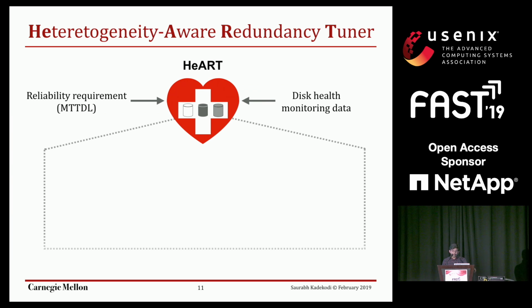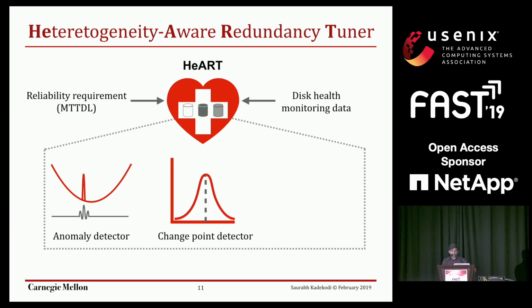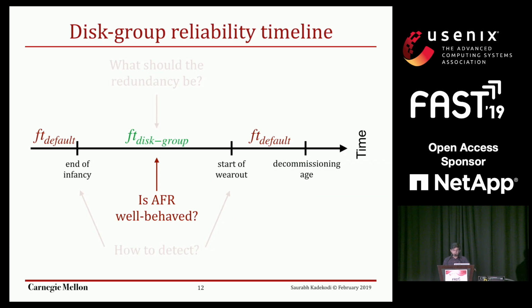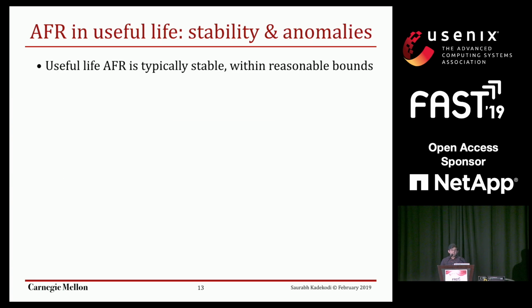HeART is made up of 3 modules, an anomaly detector, a change point detector, and a redundancy tuner. And these 3 modules will help us answer those 3 questions. So let's look at the first question of whether the AFR during useful life is low and well behaved. Typically, during useful life, the failure rate is actually flat and is within a certain reasonable confidence level from its mean.